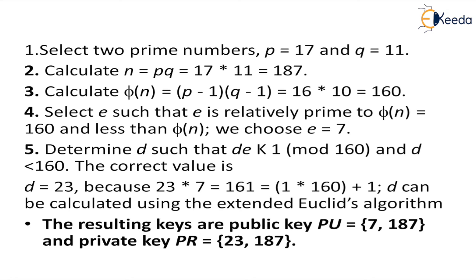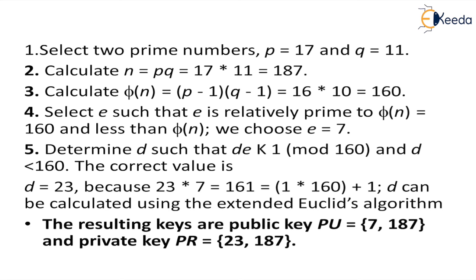Select E relatively prime to phi of n, which is 160, and less than phi of n. We choose E is equal to 7. So determine D such that DE is congruent to 1 mod 160 and D is less than 160.